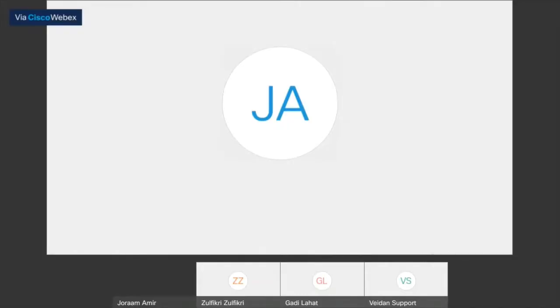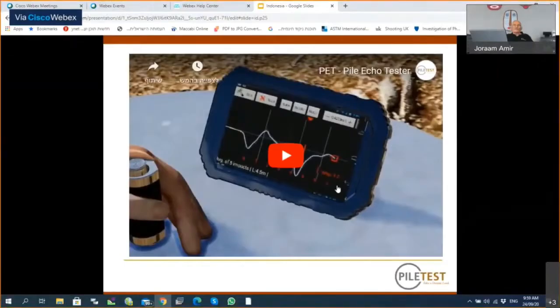This, in short, is the long wave method, the PET. The instrument works very well with a smartphone as a data logger. So what you see here, this can be a smartphone or a tablet. And if you have a smartphone, you can use all the other properties of the smartphone.